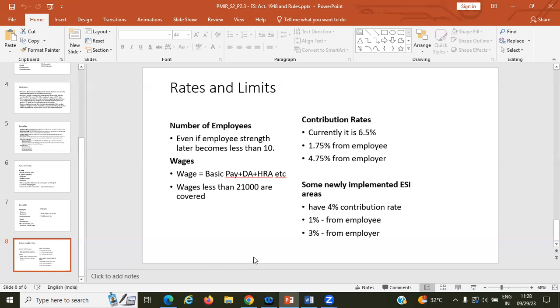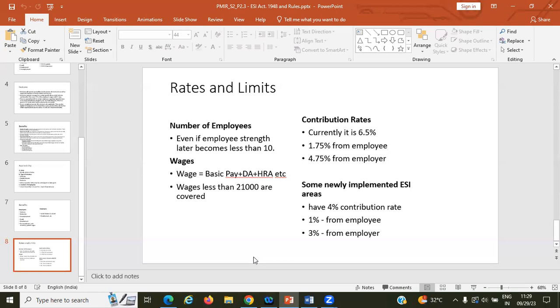But for the calculation of wage, it means your basic plus your DA, whatever the government or company declared as DA, plus your other allowance. That is the purpose of wage. For wage calculation, you have to add basic, DA and HRA.